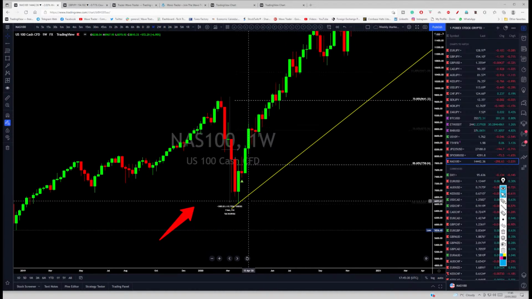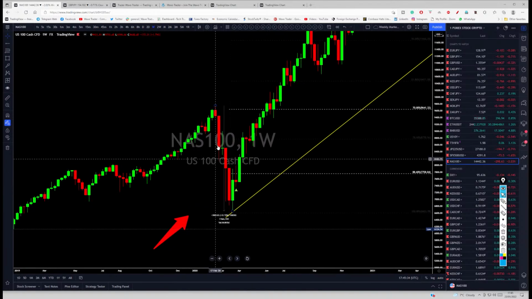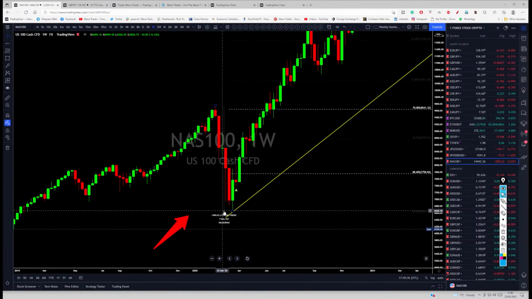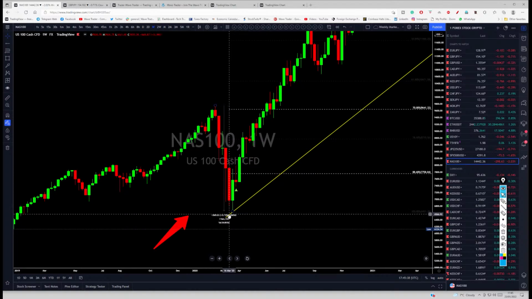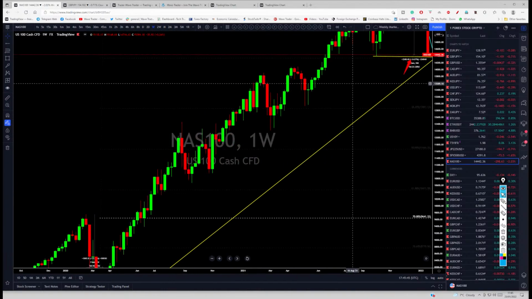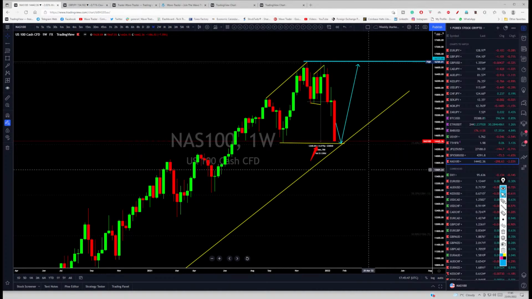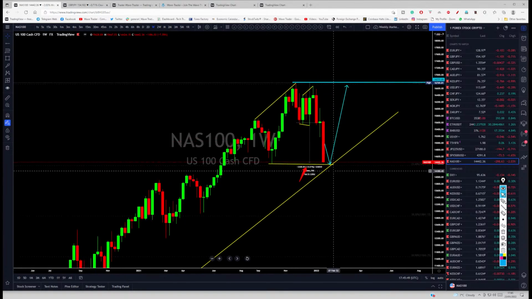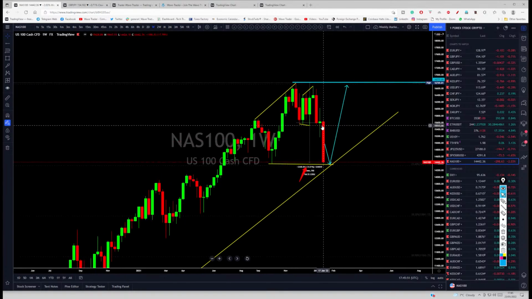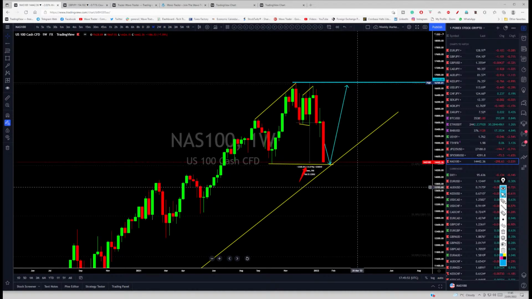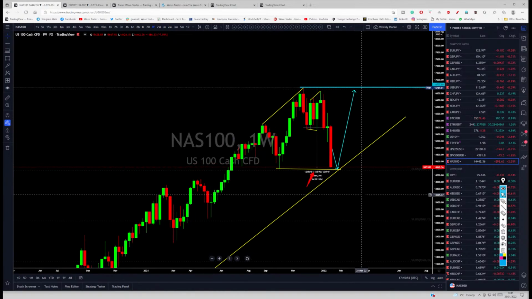So we saw a 3,000 point drop in March and a strong reaction from the central banks. Now we have seen a drop close to that, 2,500 we can say, but we haven't seen any reaction from the central bank yet.